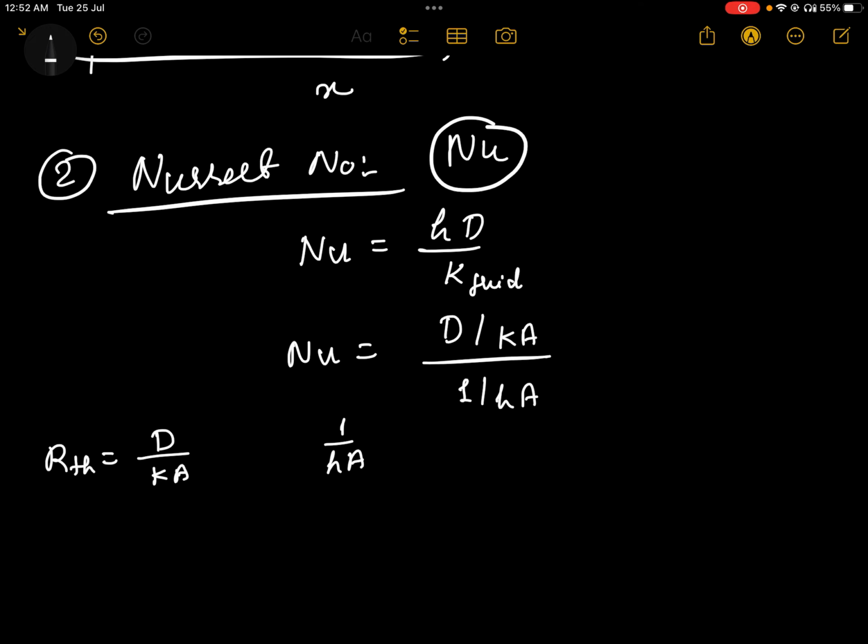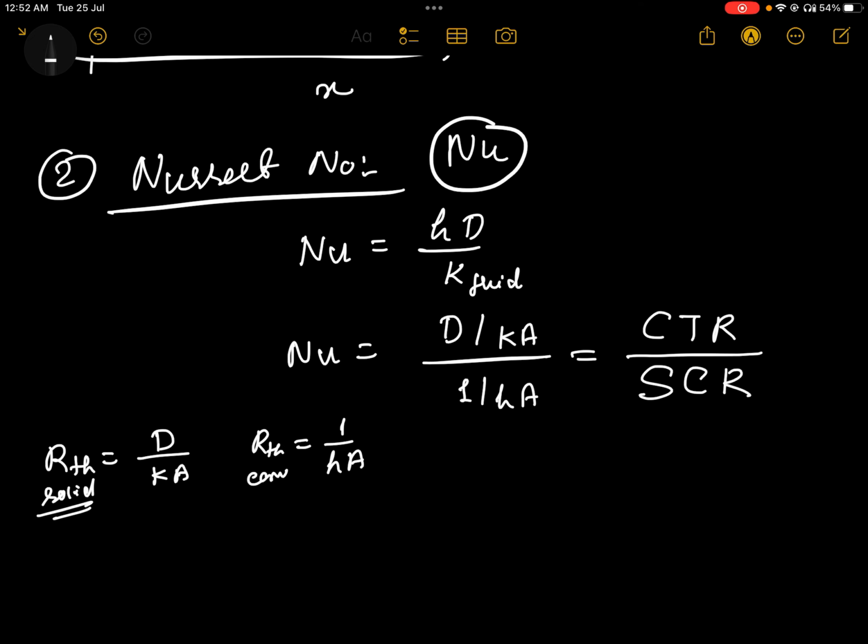That is also a thermal resistance. This is in solid in case of conduction, and this is in convection. So we can show that the Nusselt number is the ratio of the conduction thermal resistance offered by the fluid if it is stationary divided by the surface convection resistance. This is the significance of the Nusselt number.